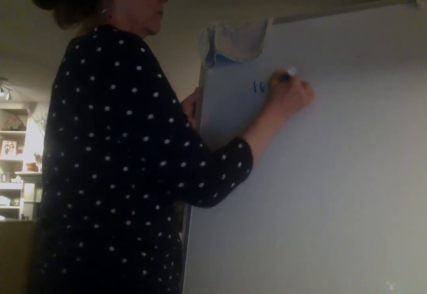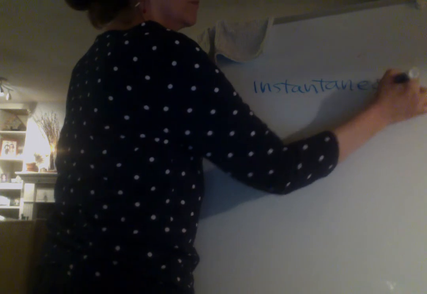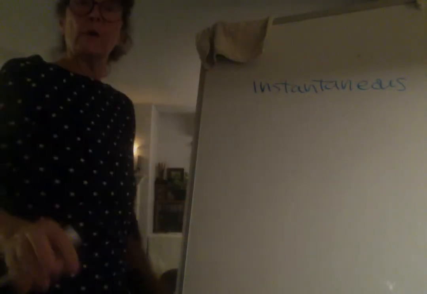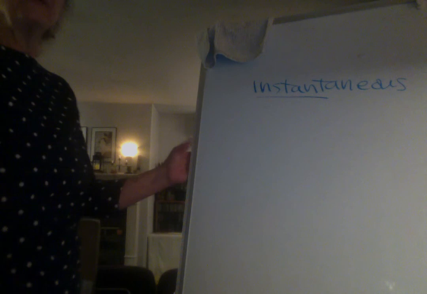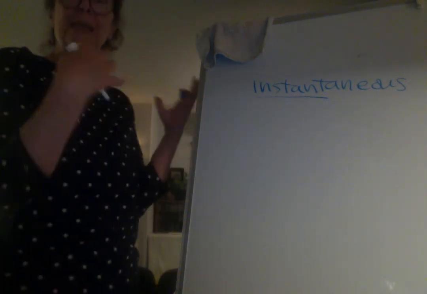Let's take a look at the third one down. Instantaneous. Now, what word do you see in there? What word does that remind you of? Do you see the word instant in there? What does it mean if something happens in an instant?